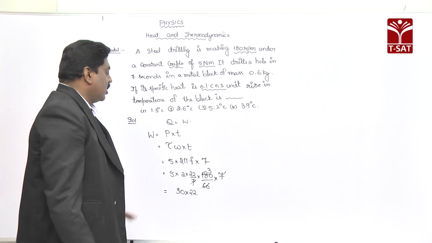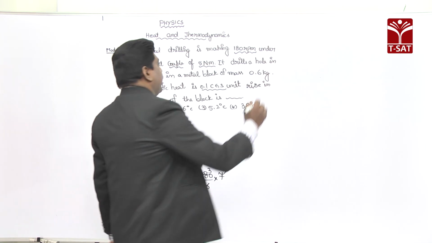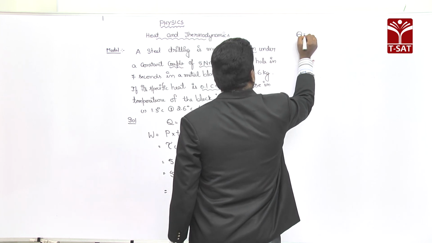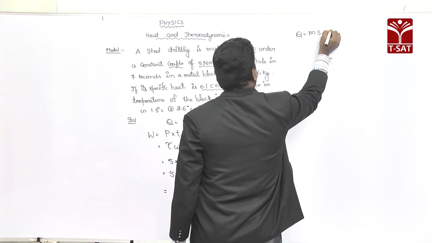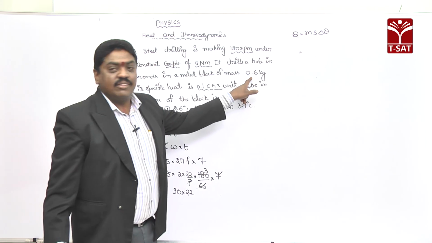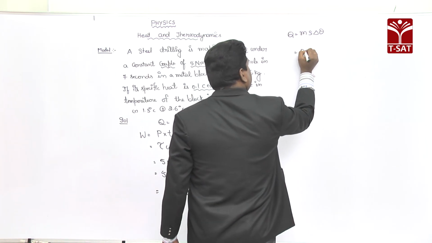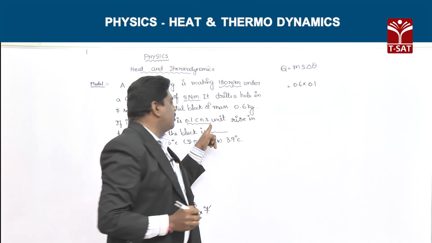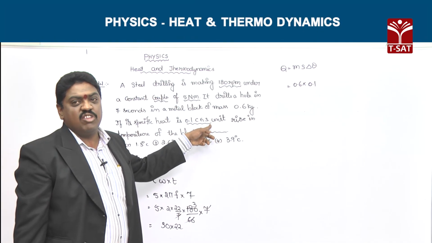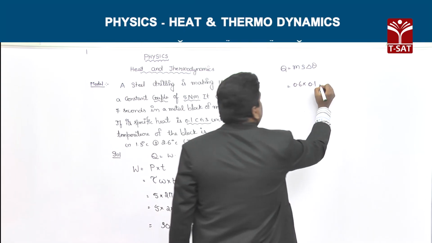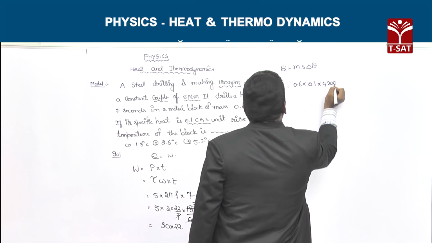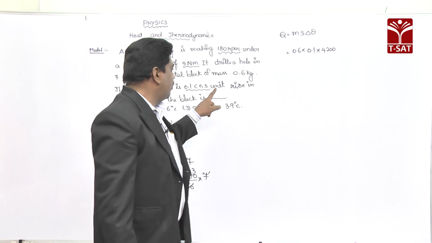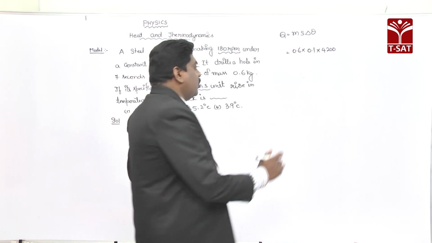But now the heat is given as m s delta theta. Mass is given as 0.6 and specific heat is given as 0.1 CGS unit. 1 CGS unit is given as 4200, times into delta theta.